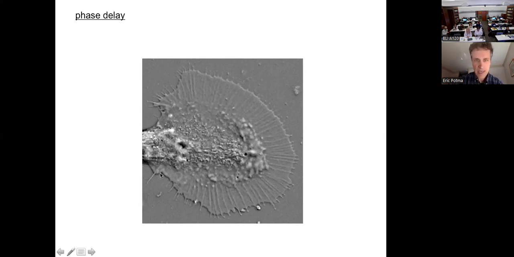So this is a DIC image, differential interference contrast image of a cell, and you can see there's a tremendous amount of detail that you can learn from, right? Mostly morphological. And so in many cases, this kind of contrast is enough to say something about the state of your cell, what the cell looks like, if it's different, if it has a response to some kind of stimulus.